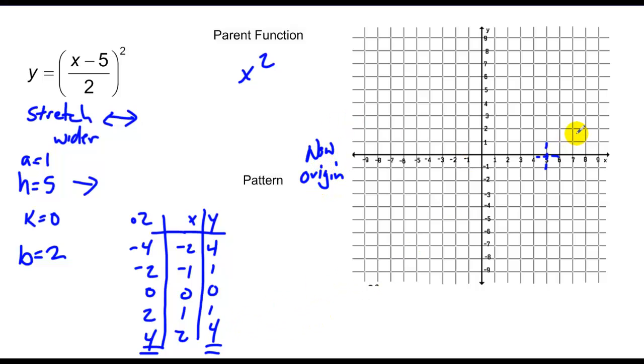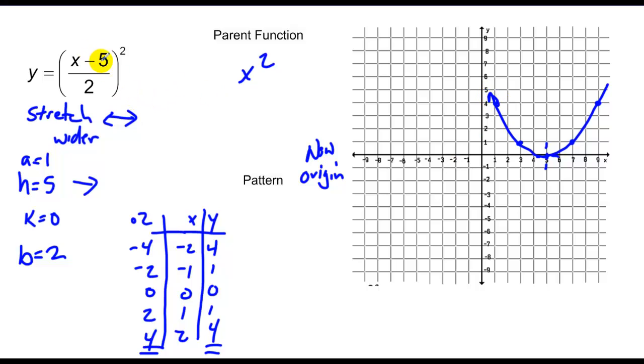And my pattern says to go over 4 and up 4. Over 2, up 1 on both sides. So once again, you're going to notice this graph did get wider than our typical x squared graph.